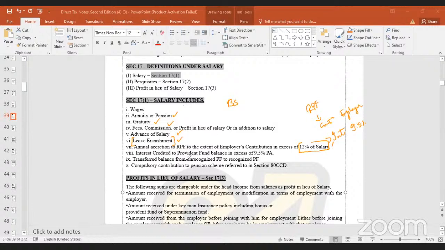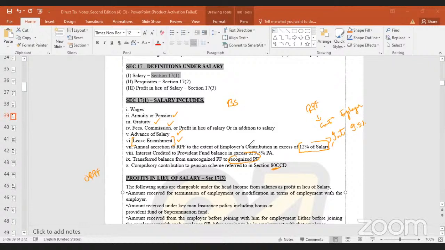A transfer of a balance which is lying in a URPF account to an RPF account, and compulsory contribution to a pension scheme referred to in section 80CCD by the employer. All these things are included under the definition of salary. Bonus is also included.